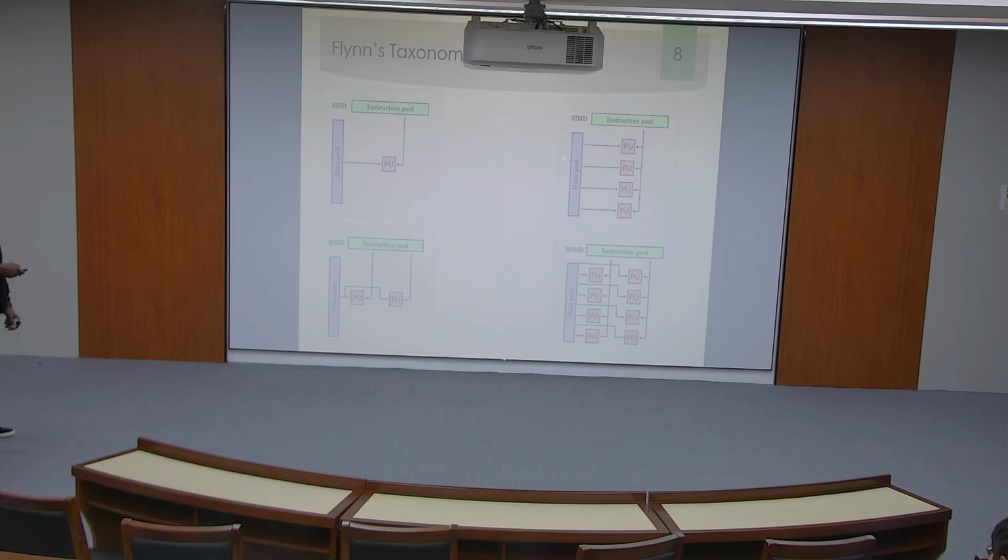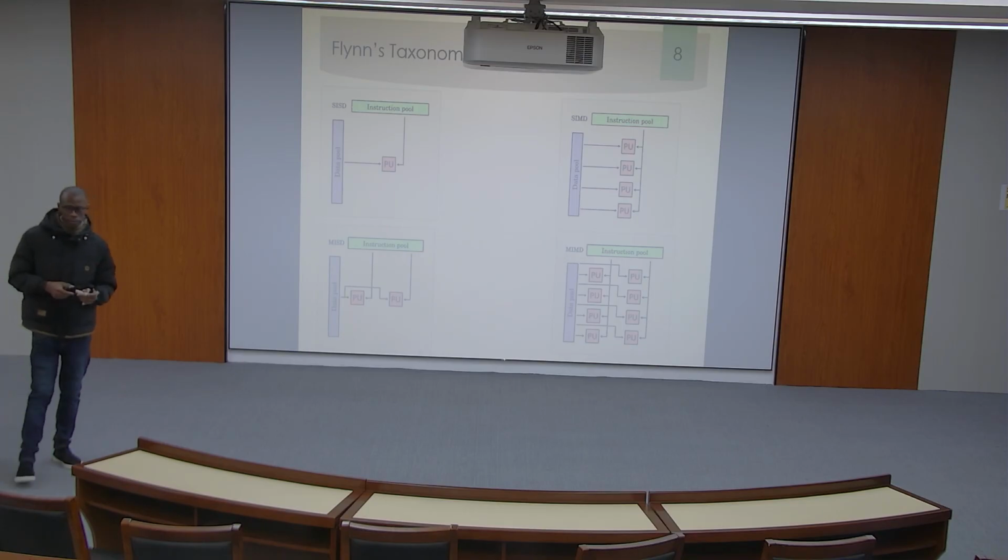We have many instructions, 1, 2, from the instruction pool, which only require a single data stream to be executed. The last one, we have multiple instructions from the instruction pool, and multiple data streams to complete these instructions. So we have four parallelism architectures.